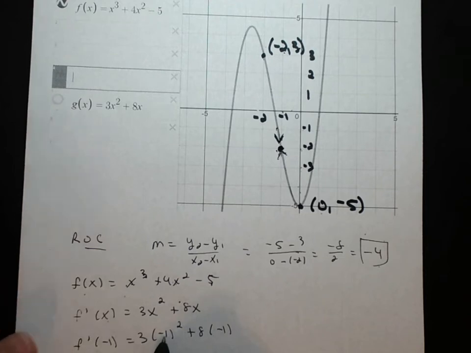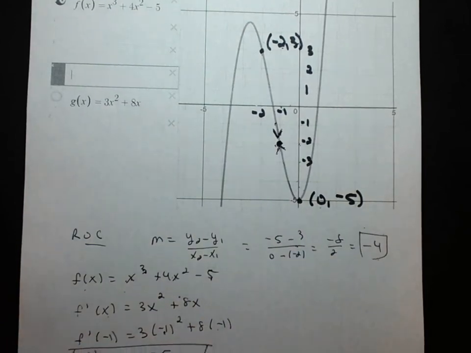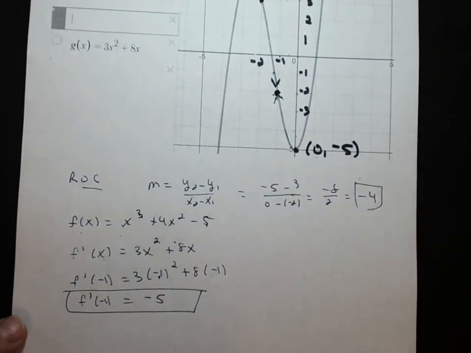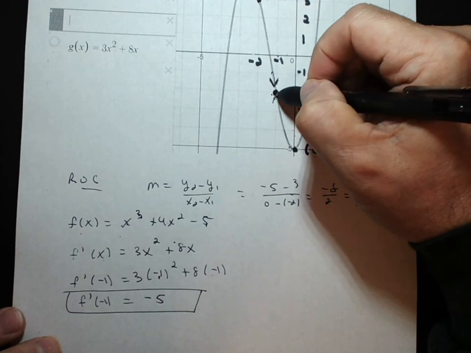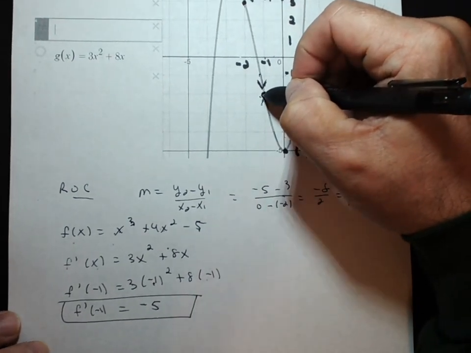And so -1 squared is 1. And 3 times 1 is 3. And 8 times -1 is -8. 3 minus 8 is -5. So f prime of -1 is -5. So what that means is at this point, the rate of change is -5, -5 over 1.